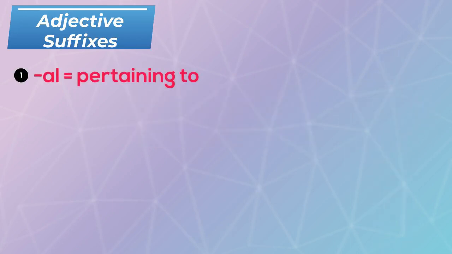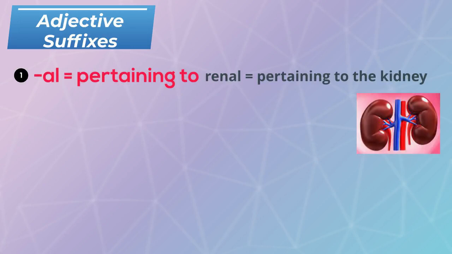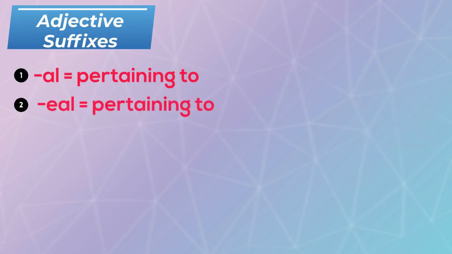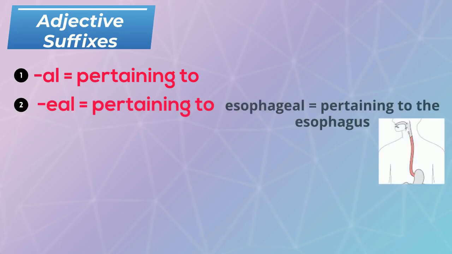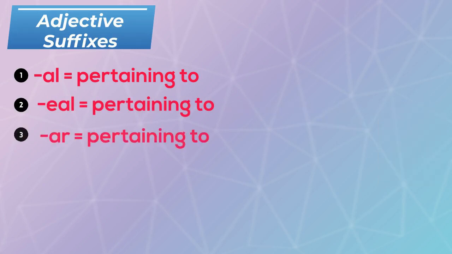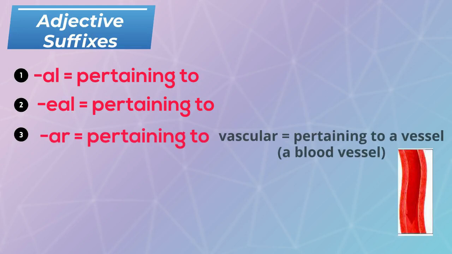Al is pertaining to. Renal, pertaining to the kidneys. Al is like esophageal. Esophageal is pertaining to the esophagus. Vascular, pertaining to a vessel, a blood vessel.